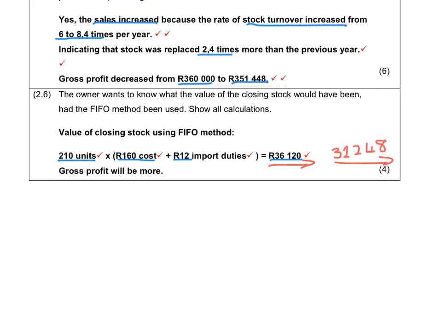What is left over at the end of the year? The units that we purchased the last time that were the most expensive. That is why these units multiplied with 172 cost gives a higher stock value than the one where you work the average price of the whole year.